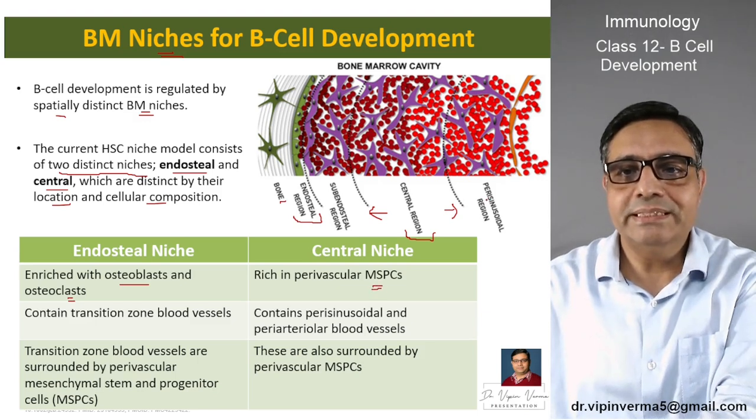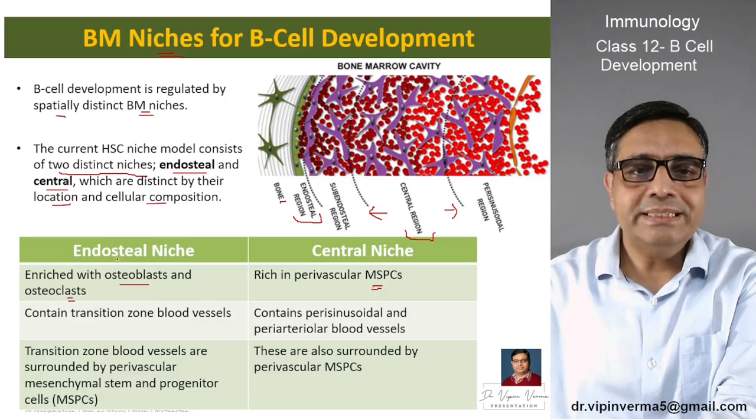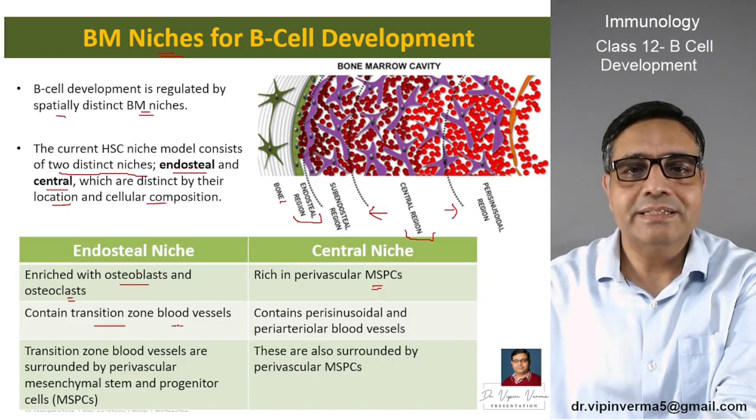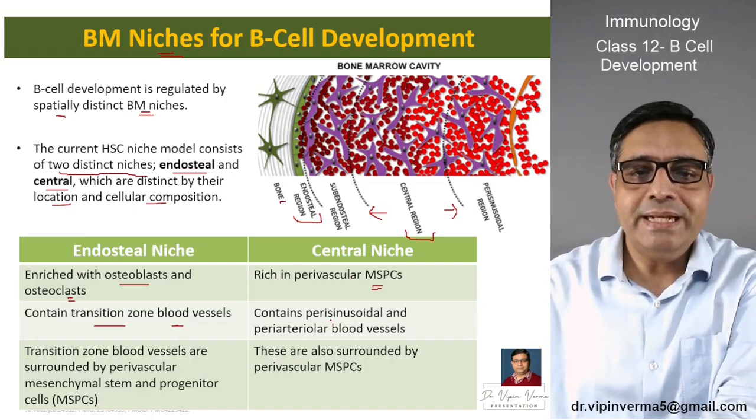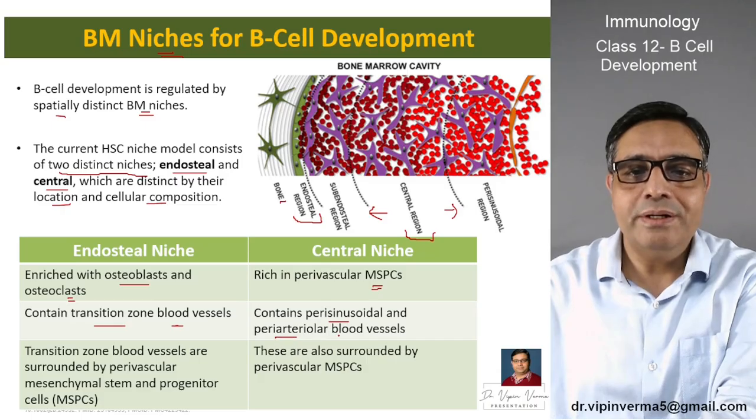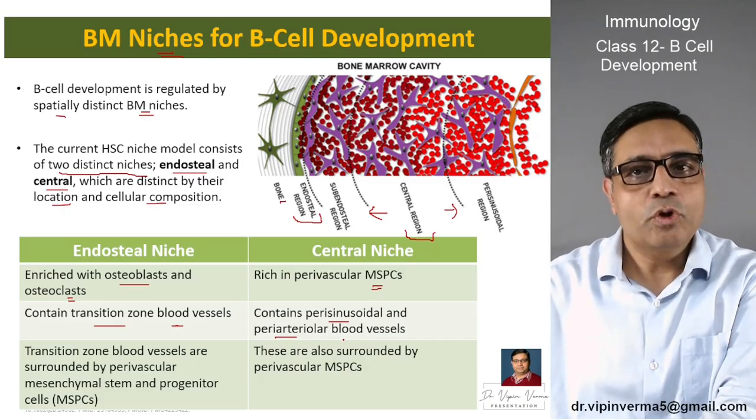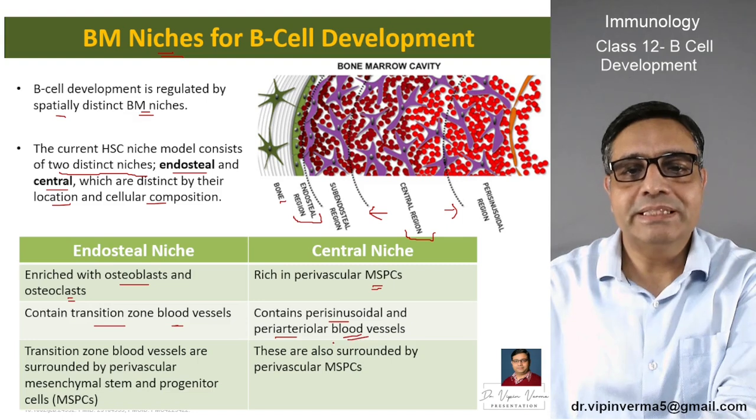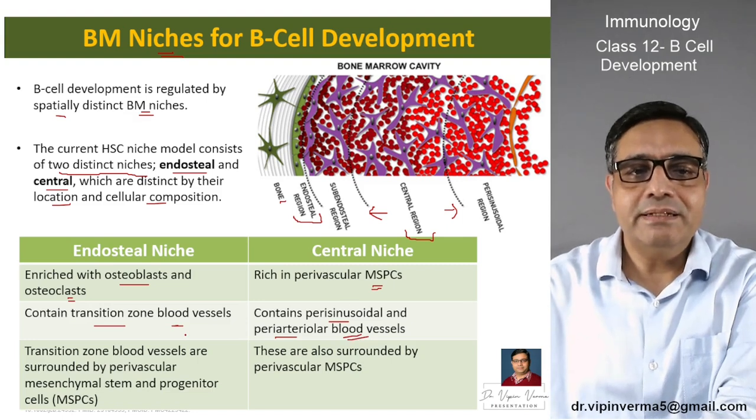Here you can see the perivascular region and the perivascular MSPCs. The endosteal niche contains the transition zone blood vessels, while the central niche contains the perisinusoidal and periarteriolar blood vessels. These two kinds of blood vessels are present in the central niche.